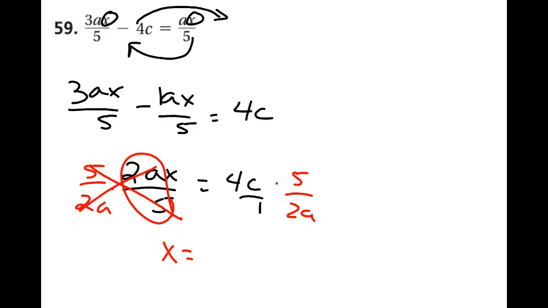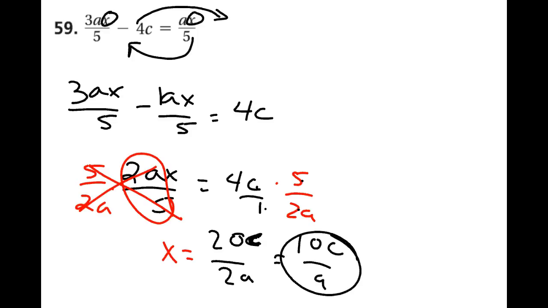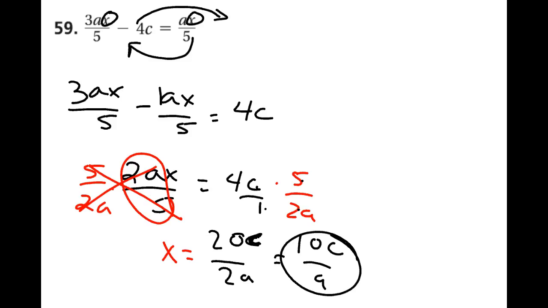Put this over 1. 4c times 5 is 20c. 1 times 2a is 2a. Pretty good answer, not a great answer though, because it isn't simplified. 20 and 2 reduces to 10. So you should have 10c over a.